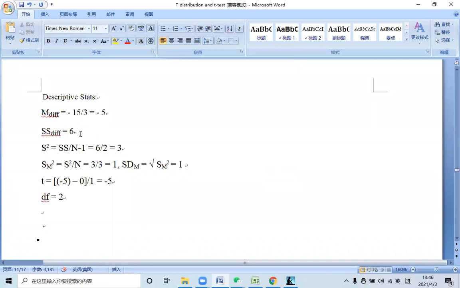Sum of squared deviation on the difference score, 6. And then you get the variance, SS divided by n minus 1. So that is the basic statistics.